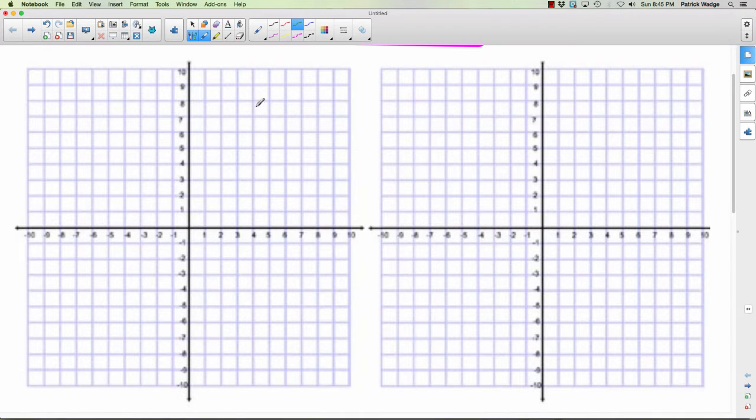You know what this line's called? This line, let me highlight it for you. This line right here. What's that horizontal line called? That is called the x-axis, right? The x-axis. How about the up and down line? What's that line called right there?